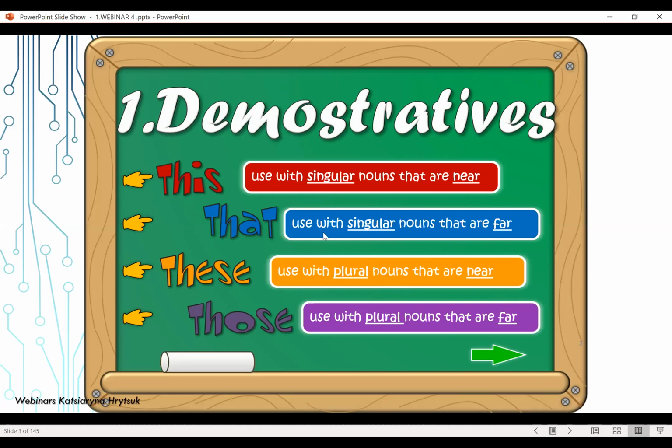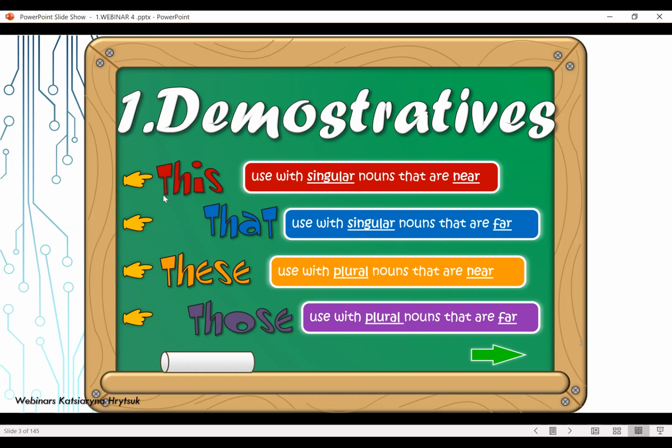That is also singular, but it's far away from you. Later we will see all examples. These go together with nouns which are plural, and it's also near you. So this and these, they are in one group.